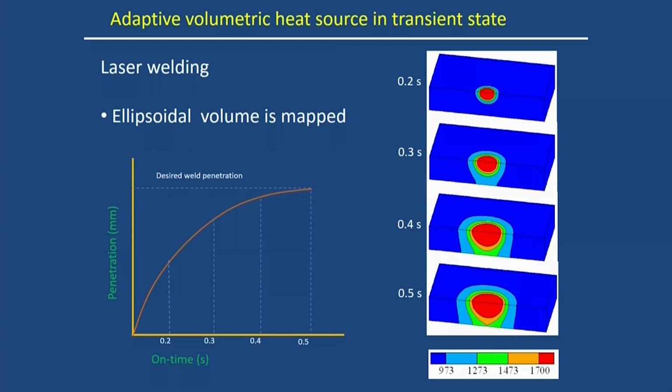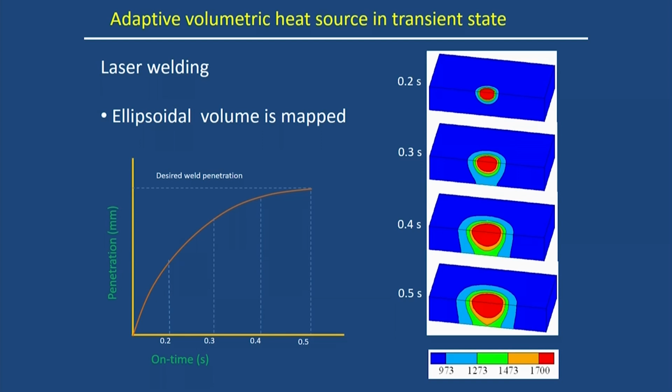So, throughout the different time steps, or at different times, there is an updating of the geometric parameters, and we can see from the figure the penetration and the laser on time. As we continuously keep the laser on, there is a gradual development of the weld penetration. At 0.2 seconds there is a small amount of penetration, but at 0.5 seconds the penetration becomes very big.